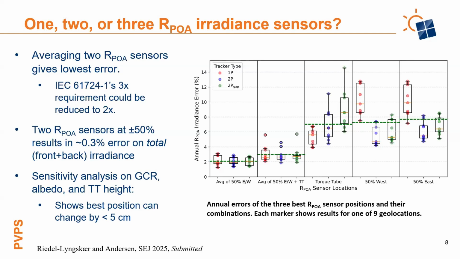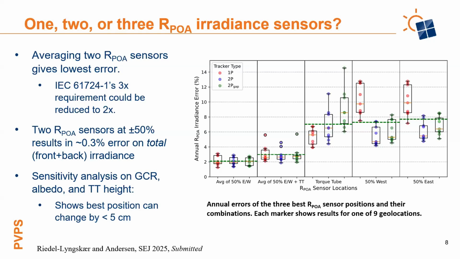If you add a 3rd sensor, so that's the 2nd frame from the left, on the torque tube, for example, you don't decrease the error. So this suggests that the IEC's recommendation of 3 rear irradiance sensors could actually be reduced to 2. And then you could potentially say the 3rd one is optional if you wanted to measure edge brightening effects on the north or south end of the torque tube.